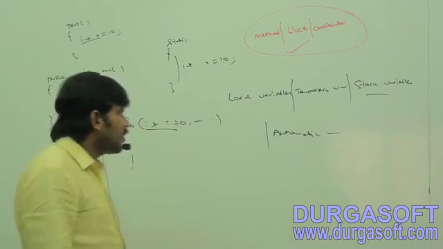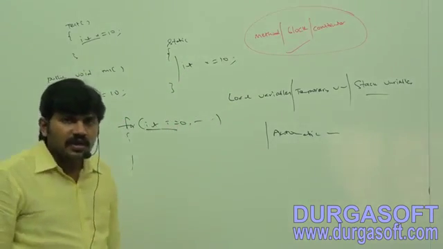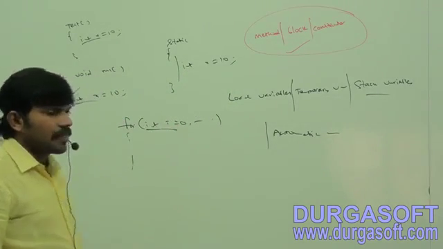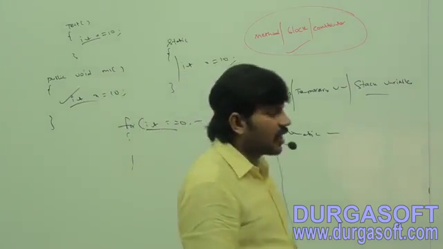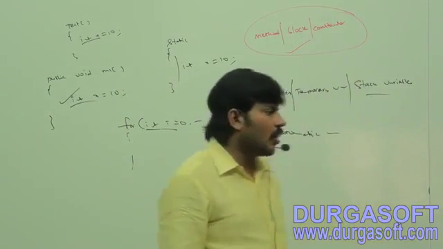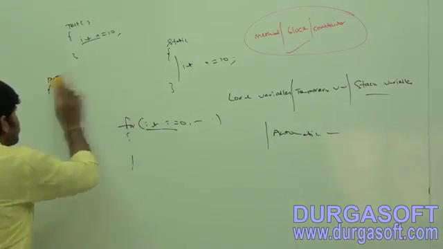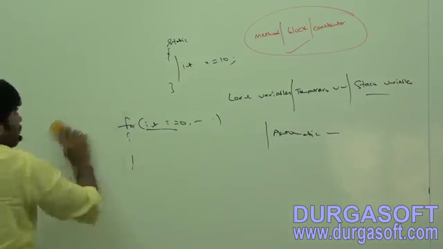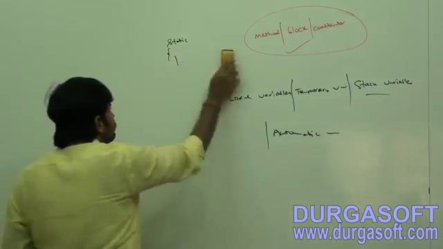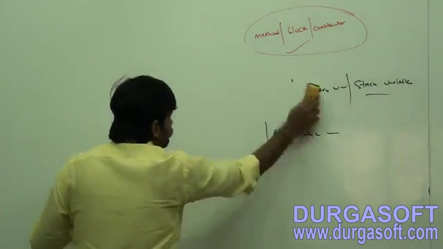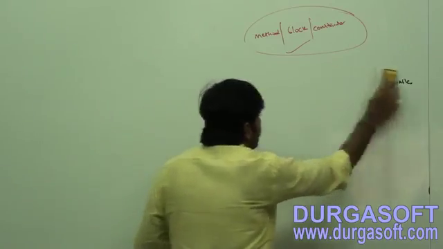Local variables are temporary variables or stack variables, or automatic variables. So, what is a local variable?